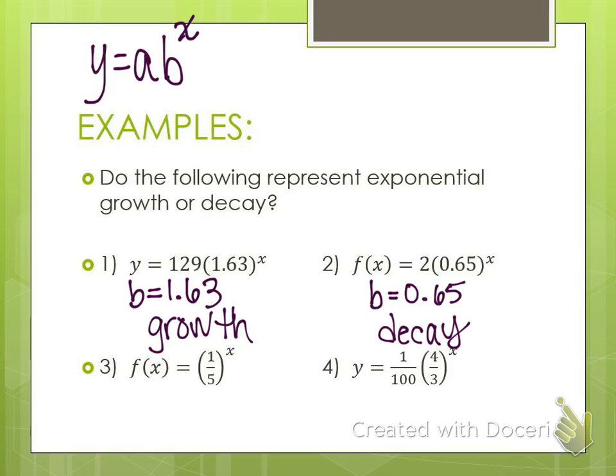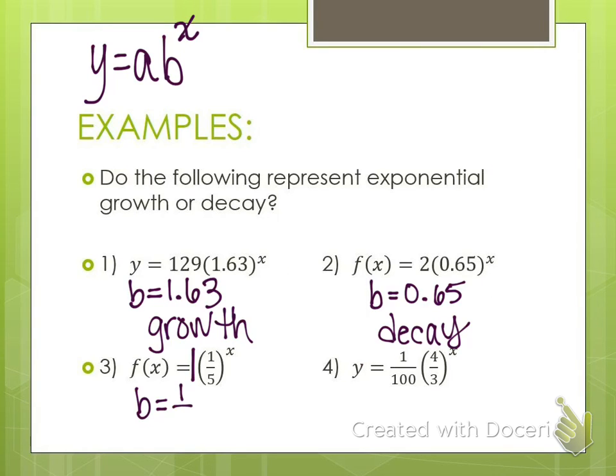On number 3, who can raise their hand and tell me the b? 1/5. Good. This one's a little different because we don't have an a written out in front. What do you think that means a is? A 1. Okay, if there's not a number written there, we could always imagine there is a 1 out in front of that. Notice that b is going to have the exponent of x on it.